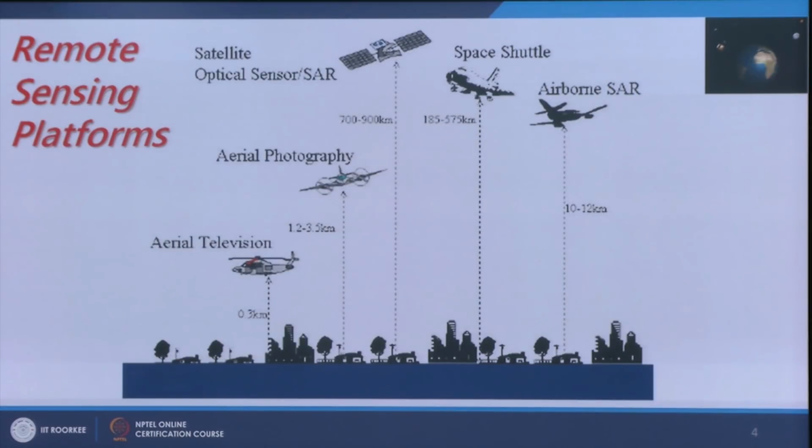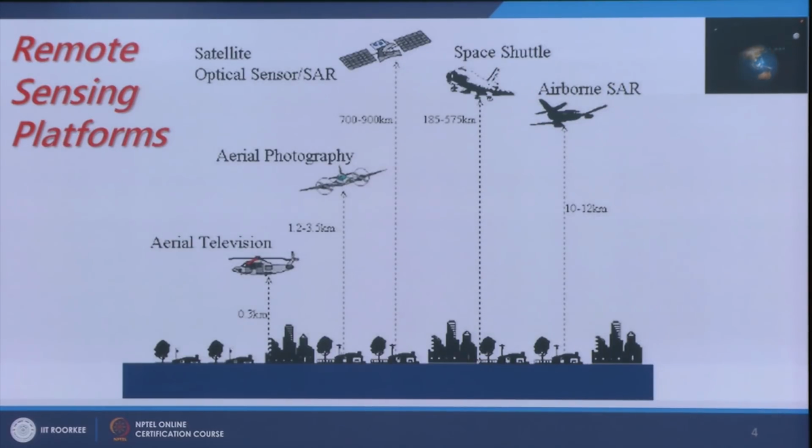Then there are satellites at very high distance from the surface of the earth, mainly polar orbiting satellites at 700 to 900 kilometers. Sometimes there are space shuttle missions, which may be between say 185 to 575 kilometers. And for SAR interferometry or some radar remote sensing, we use airborne SAR interferometry.